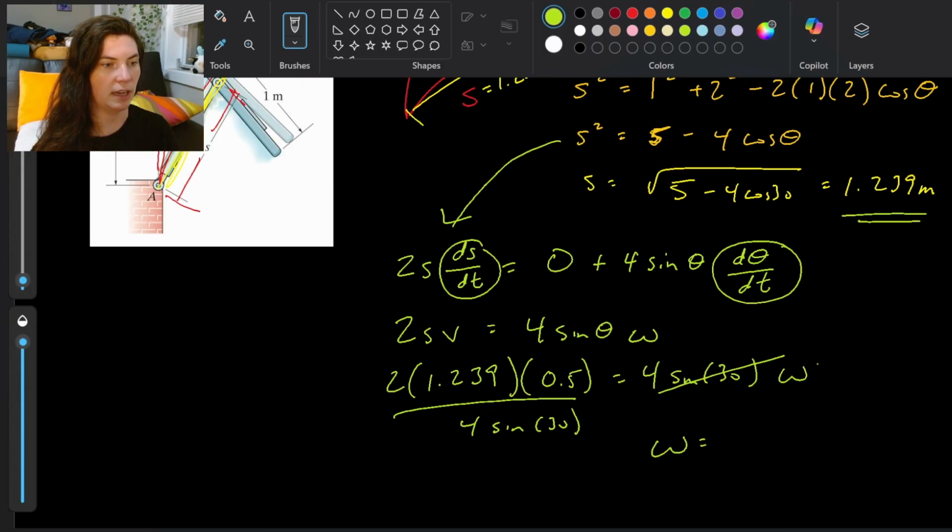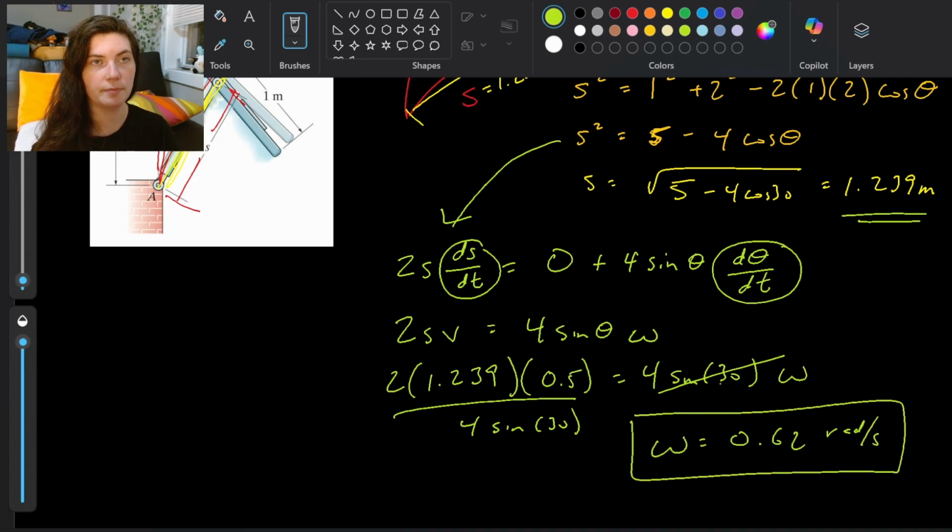And that gives me that my angular velocity, when I plug that in, is going to be 0.62 radians per second. Oh, so we got one done. So there's just one more to do.